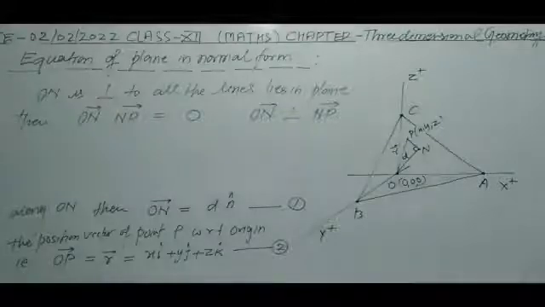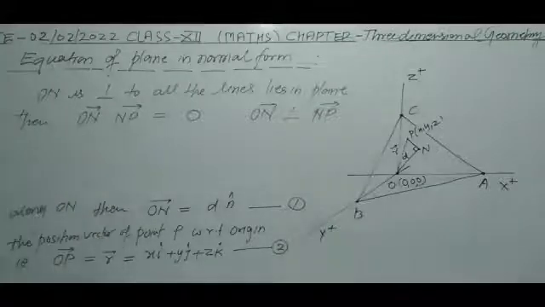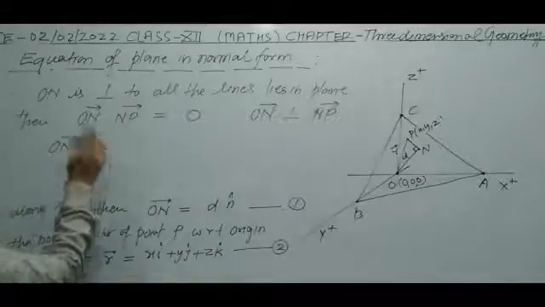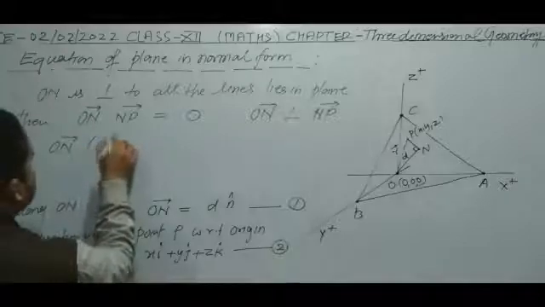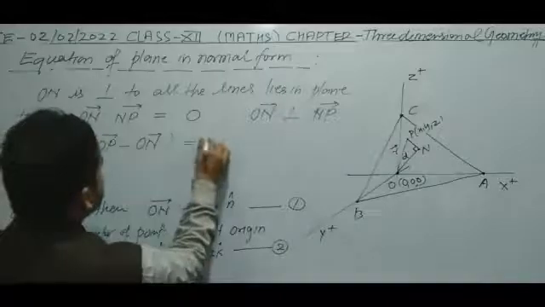So NP, what we can write? And ON, what we can write? ON as it is I am writing, and NP vector we can write as OP vector minus ON vector, equal to 0.